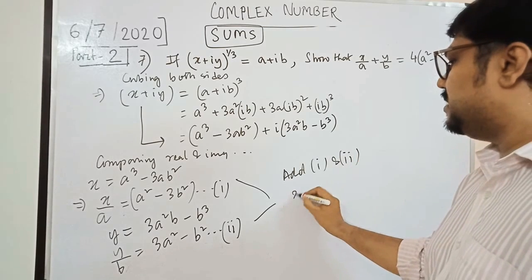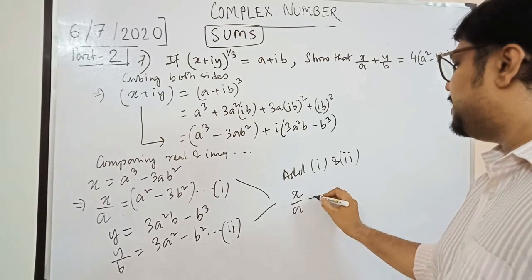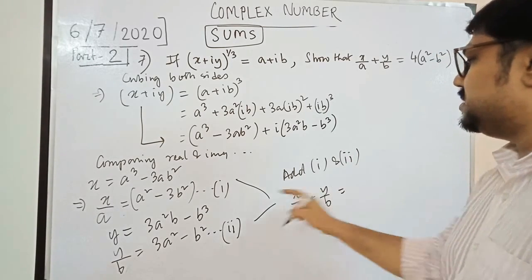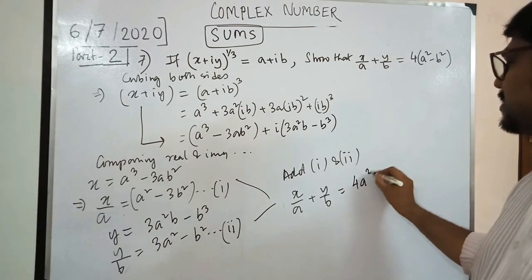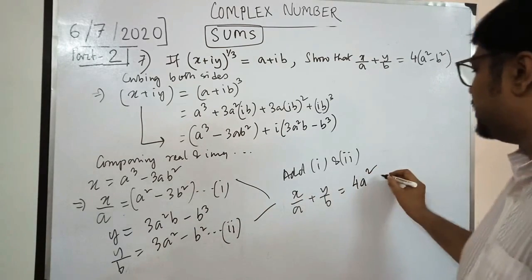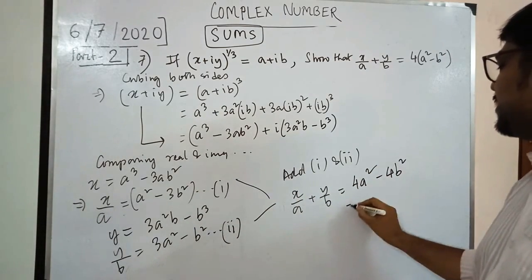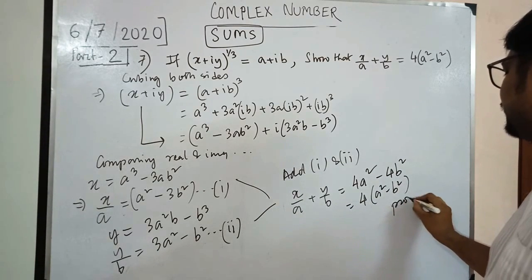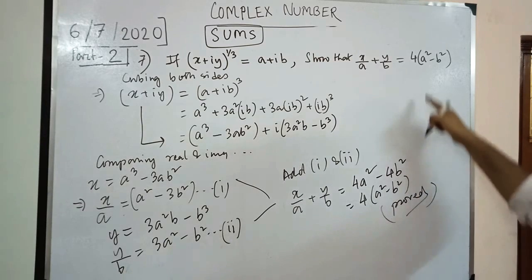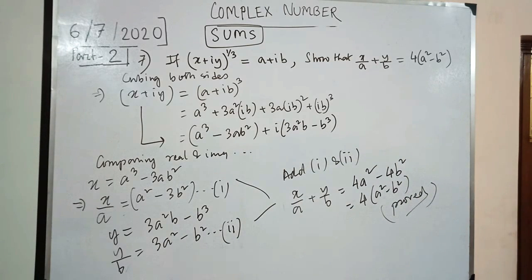If you add 1 and 2, then you will get x by a plus y by b, which is equal to a square minus 3b square plus this. So you will get 4a square over here, and this will give you minus 4b square, from where you can take a 4 common and you get the thing proved. See this, it's already there, it's proved. So we will proceed to the next sum.